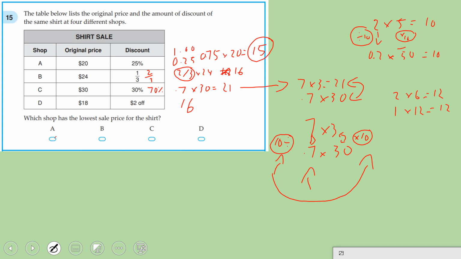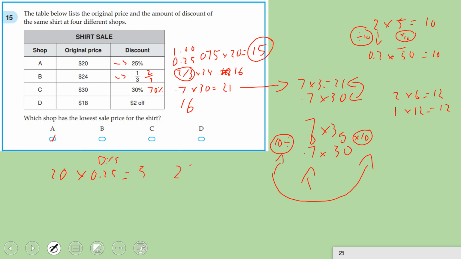Now another way you could do it, because obviously I've always done my 100% minus my 25%, or my whole, my 3/3 minus my 1/3. You could always just do original price for the percentage ones. You can do original price, $20 times 0.25, your discount. That will get you a number.